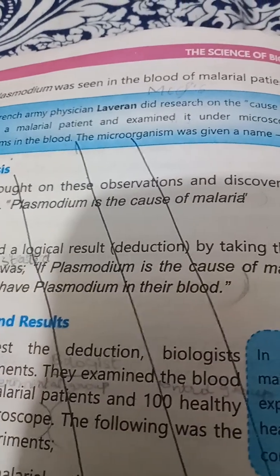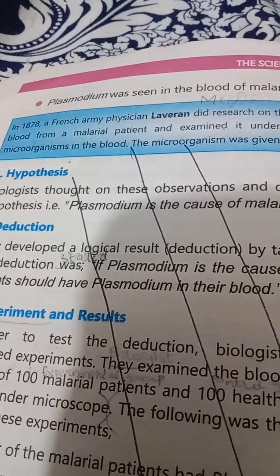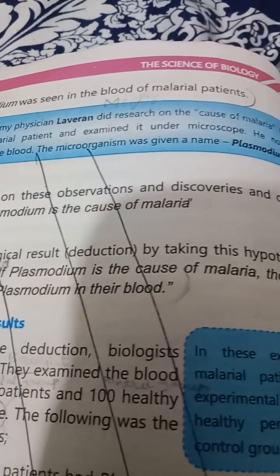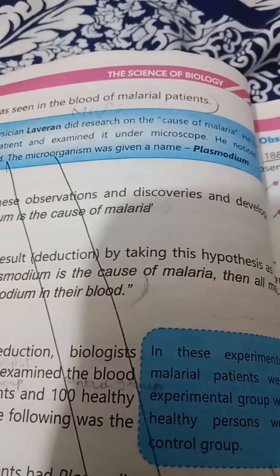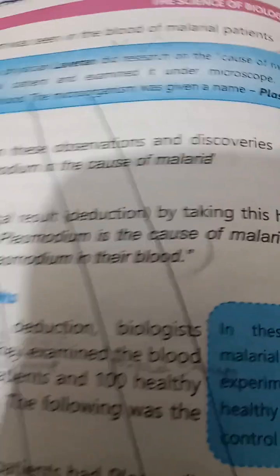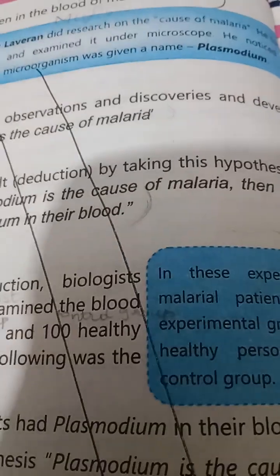Plasmodium was seen in the blood of a malaria patient in 1878. A French army physician, Laveran, did research on the cause of malaria. He took the blood from a malaria patient and examined it under a microscope.